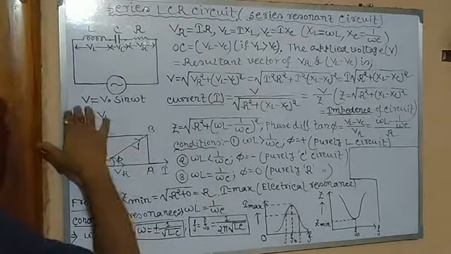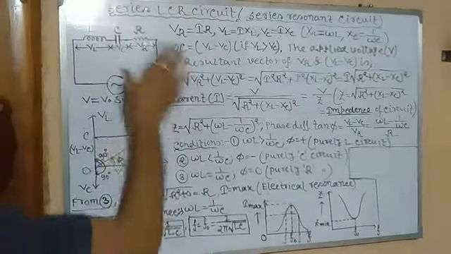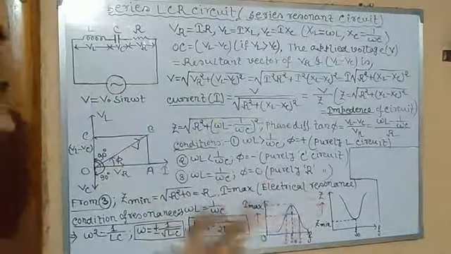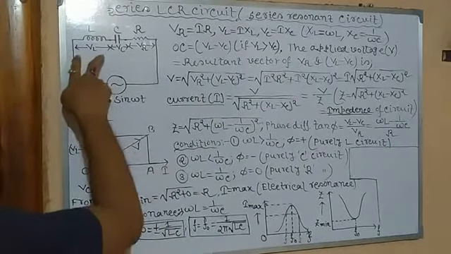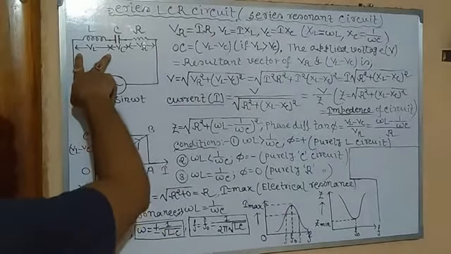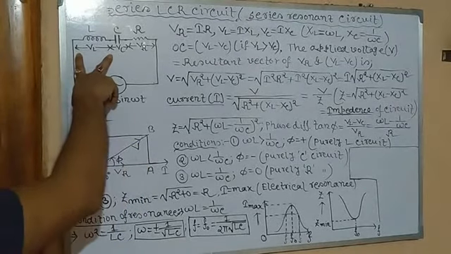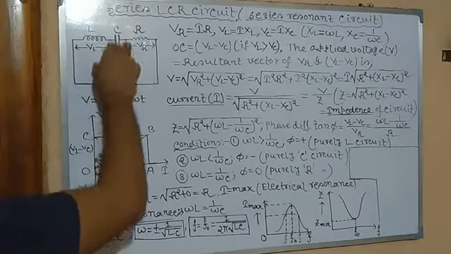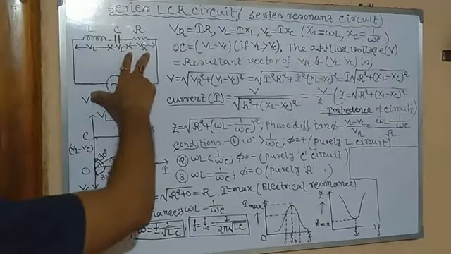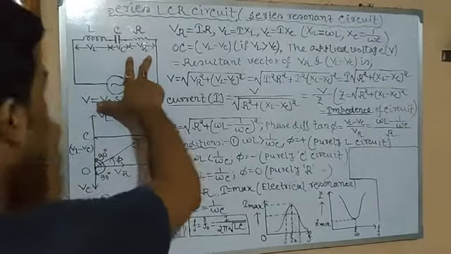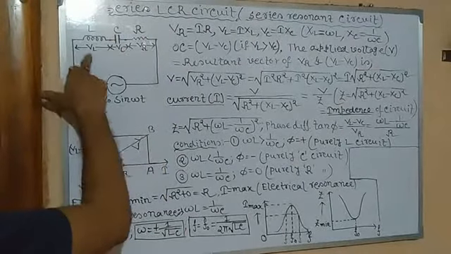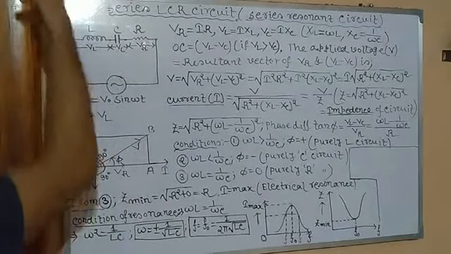An alternating voltage is applied in this circuit. You can see the voltage across the inductor is VL, the voltage across the capacitor is VC, and the potential difference across R is VR. All these are the voltages across L, C and R.